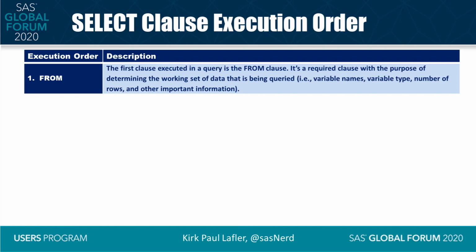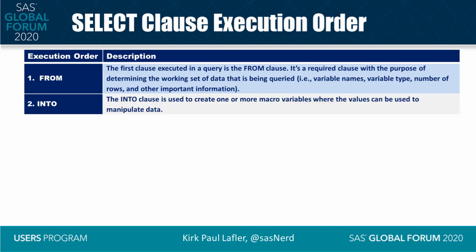Its purpose is basically to describe and to collect the data and information, the variable names, variable type, number of rows, and other important information when we're dealing with tables and or views. So it's the first clause that's executed in a select query.